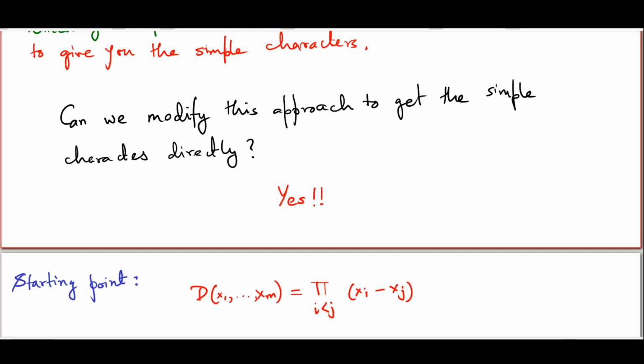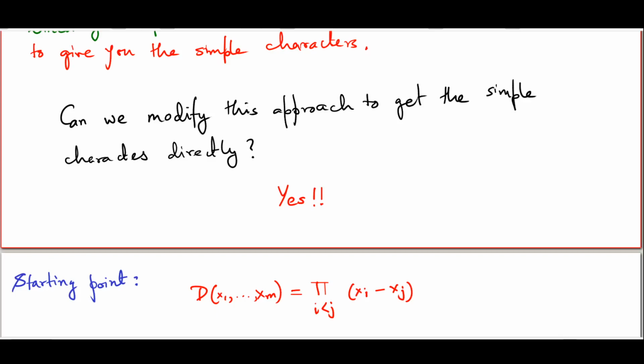We are going to start with exactly this product of xi minus xj's, with one small modification. For most of this work, you will not necessarily need all of the n variables to be involved. If you are considering the character corresponding to a partition which has only m pieces, you will only need m of the variables x1, x2 up to xm.